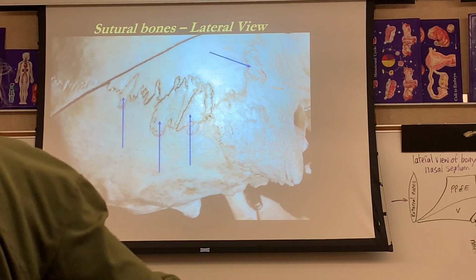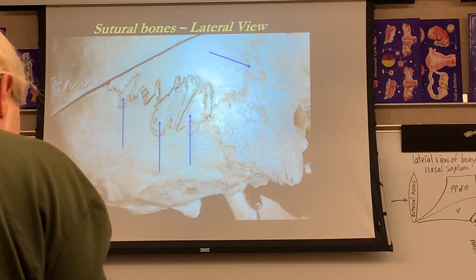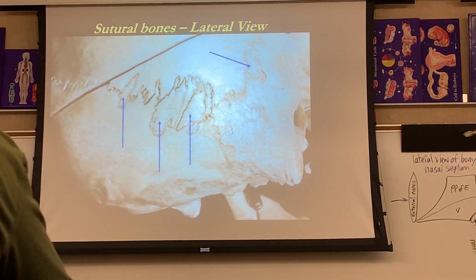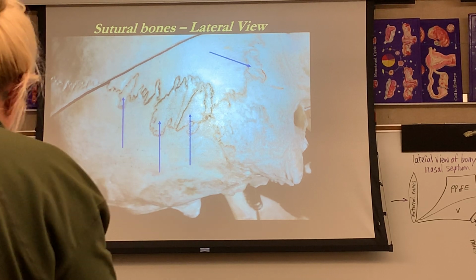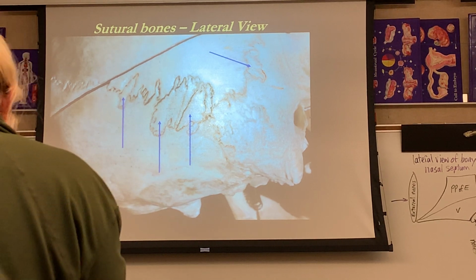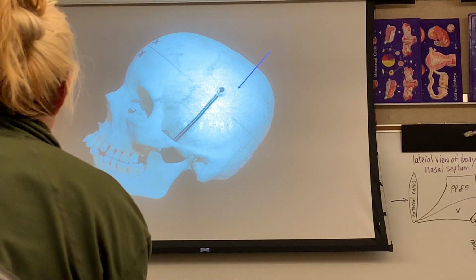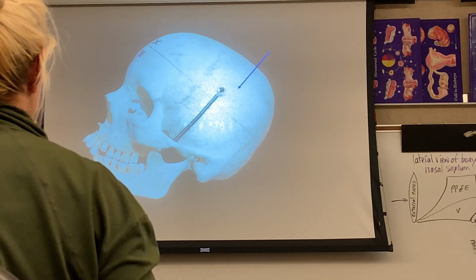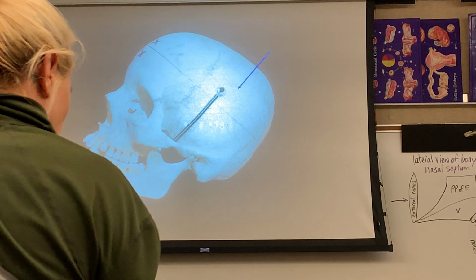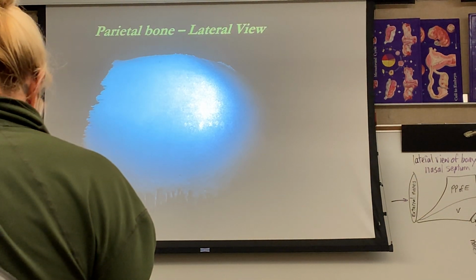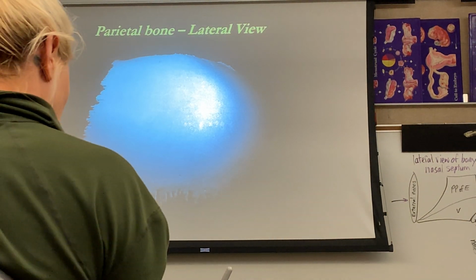The parietal bone is really indistinct. It's the only bone that's entirely flat bone. All the other flat bones in the cranium are only partially flat bones, but the parietal bone is entirely flat. It's the superior cranial bone. And if you actually think about it, it's like a rectangle.